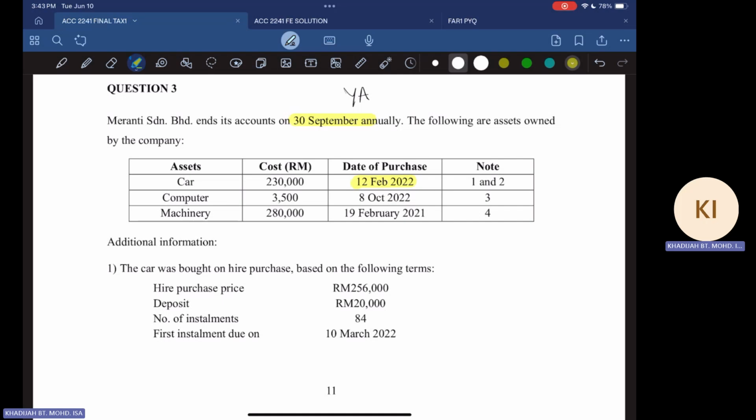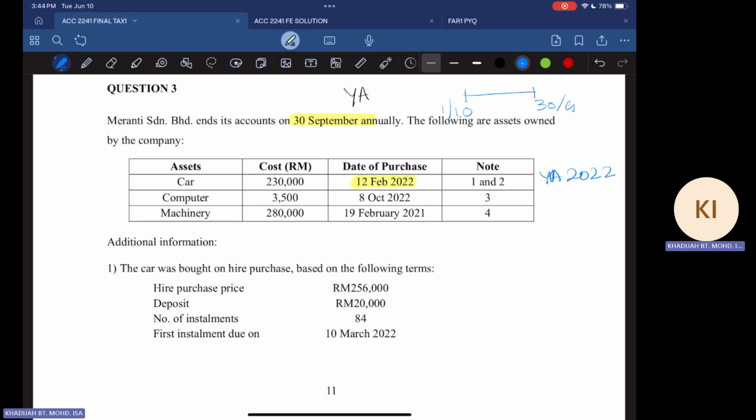Remember that this company's year end is 30th of September, so the period starts on 1st of October. When I say February 2022, it closes on 30th September 2022.